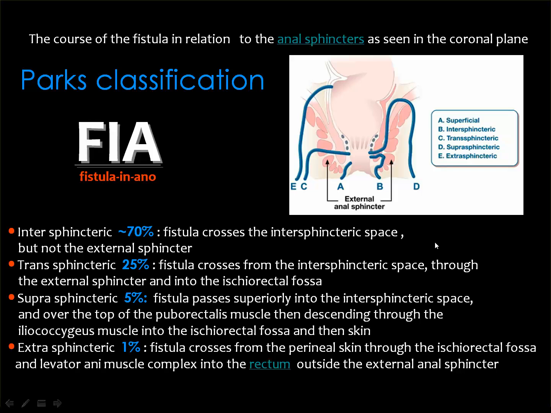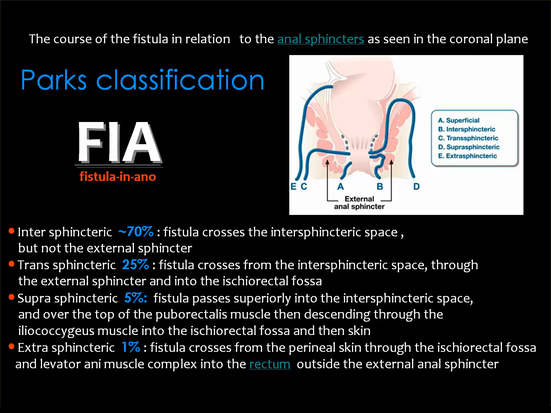to the SQ rectal fossa. This one, it goes across the internal sphincter and the external sphincter to the adjacent ischiorectal or ischioanal fossa.